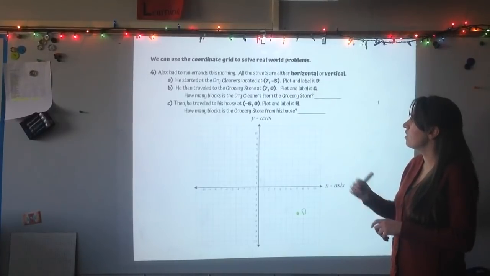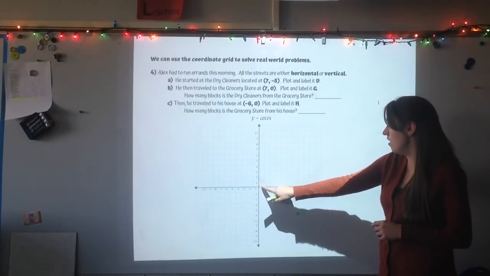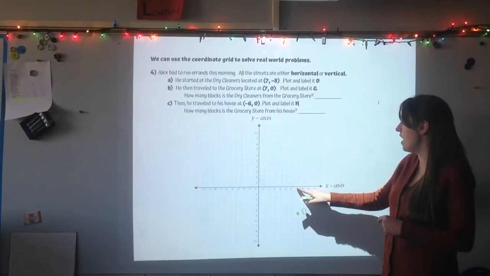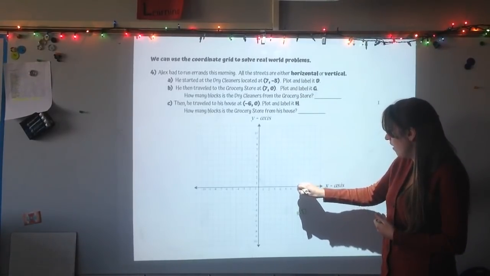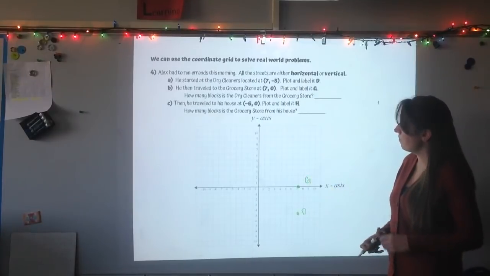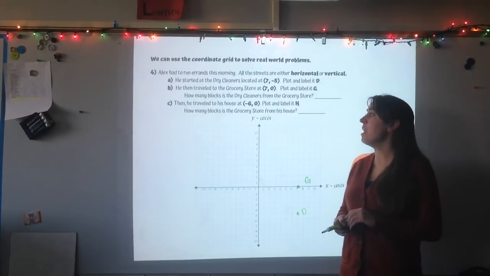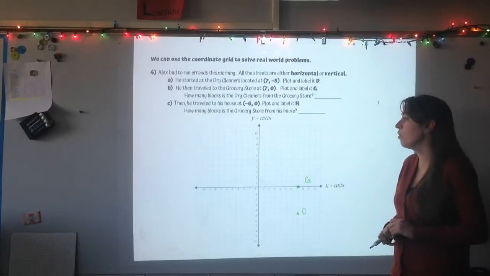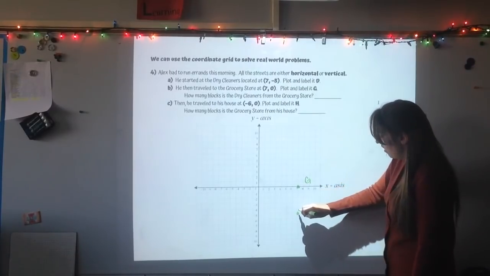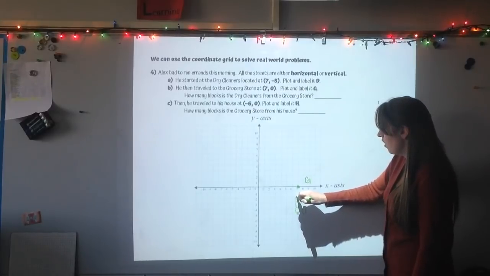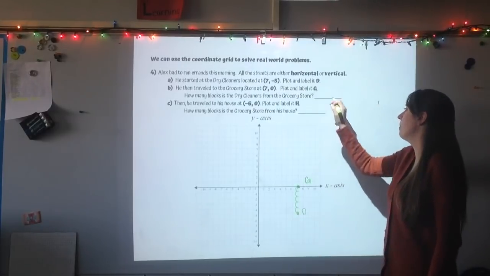Plot and label it G. So 7 is positive to the right and 0 means that I stay right on the axis right there. And then I'm going to label it G. And then it asks how many blocks is the dry cleaners from the grocery store. So I'm just going to count the distance from this point to that point. So we go 1, 2, 3, 4, 5 blocks.